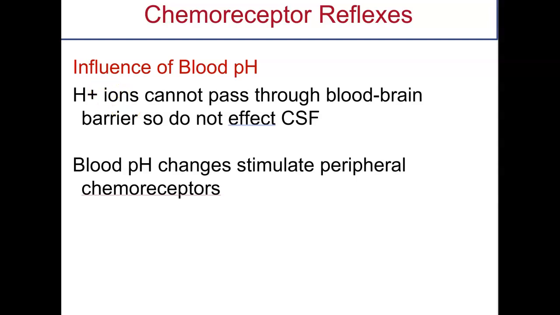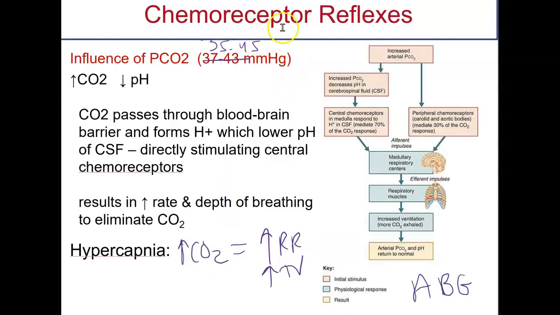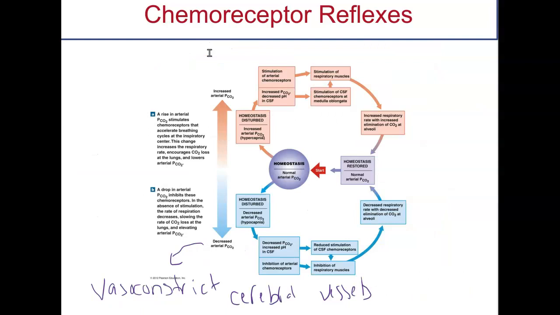So again, anytime we're looking at our respiratory rate, if my CO2 levels go up, that's going to stimulate an increased respiratory rate to get rid of it. And if I have that hypocapnia, hypo is too low, now the issue is they're falling, so I'm going to slow down or even stop breathing, and my cerebral vessels often vasoconstrict.